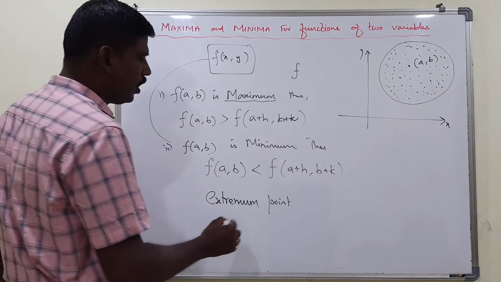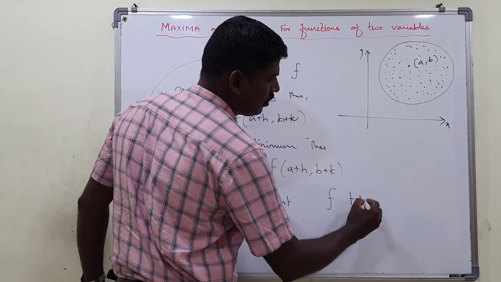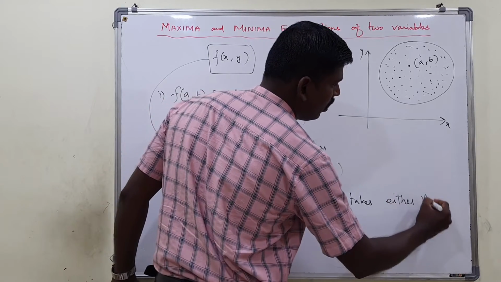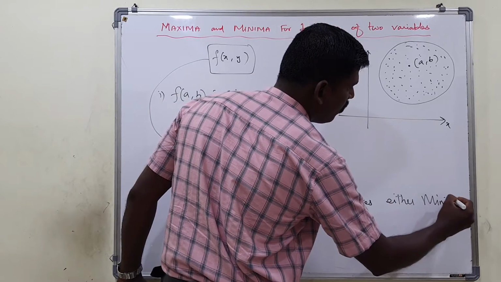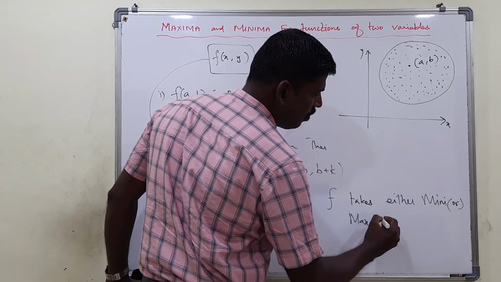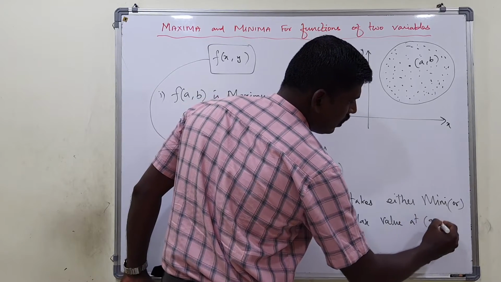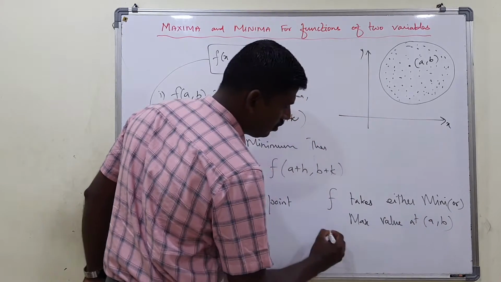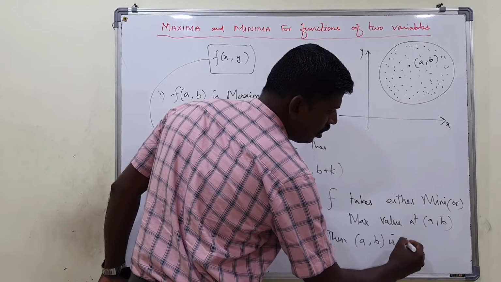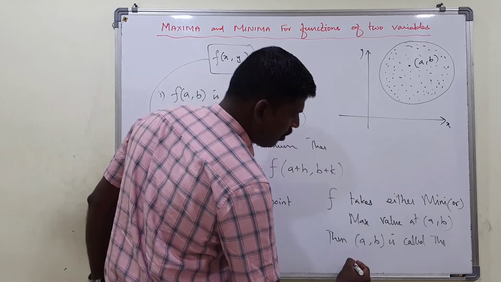Right? What do you mean by extremum point? Extremum point means f takes either minimum value or maximum value at a comma b, then a comma b is called the point of extremum or extremum point.